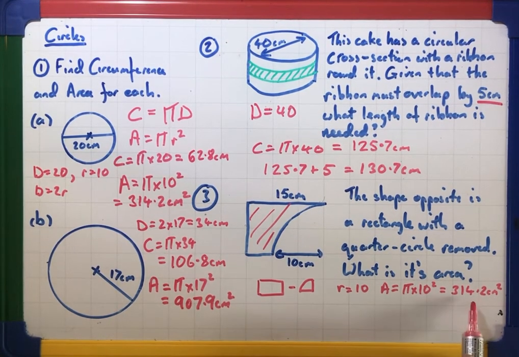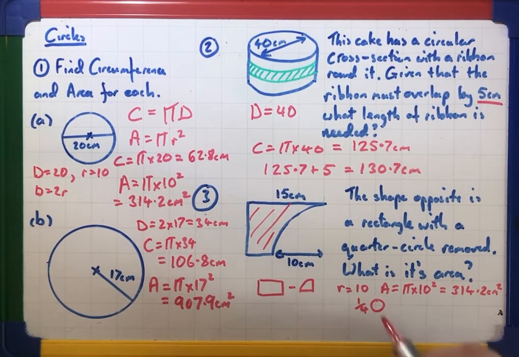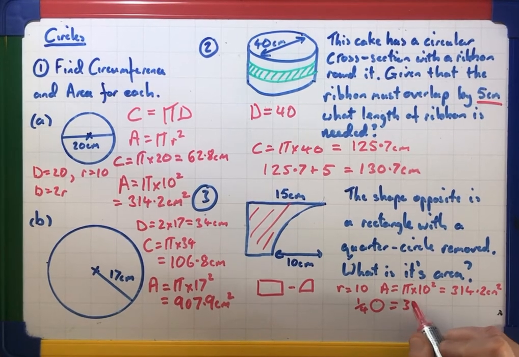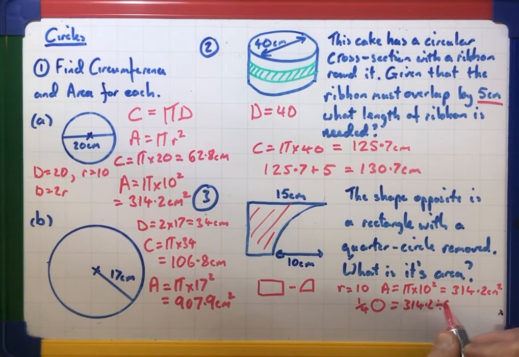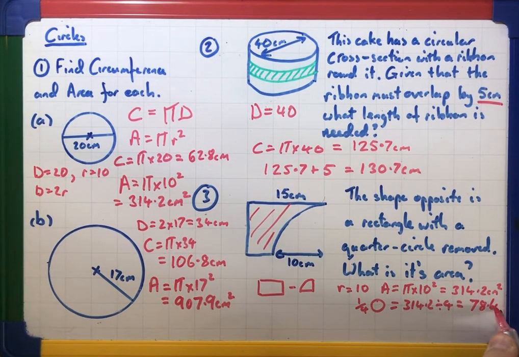Okay, so we've got the radius of 10 centimetres. Now, that's the whole circle, so a quarter of the whole circle would be that divided by 4. Which gives me 78.6 if I'm working to 1 decimal place.